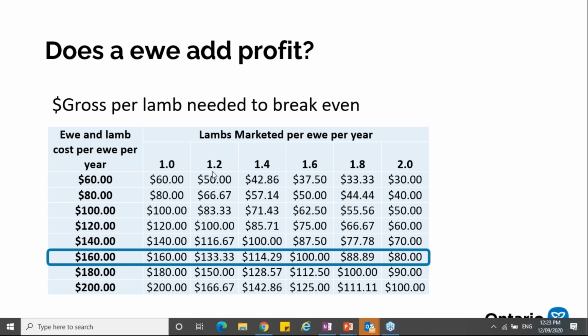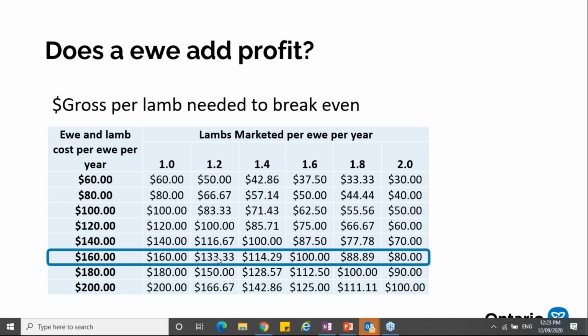If it turns out I was marketing 1.2 lambs per ewe per year, and my cost was $160 per ewe per year, then the price I would need per lamb to break even is $133.